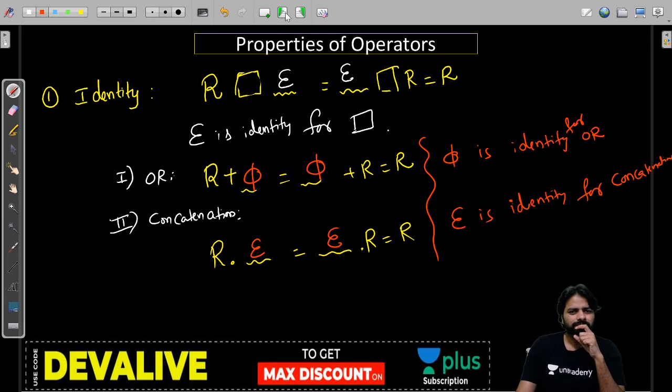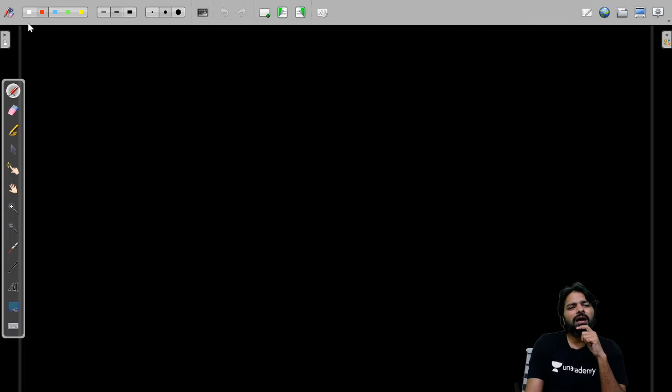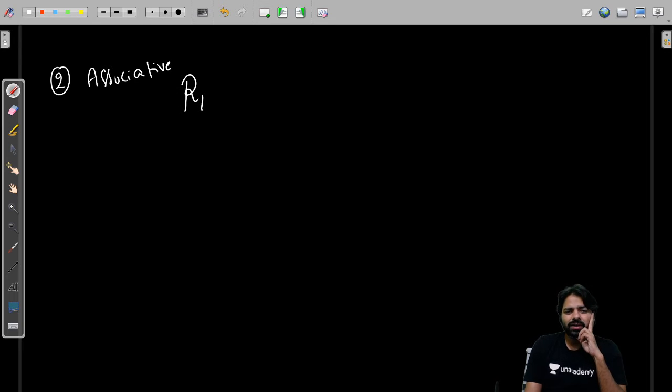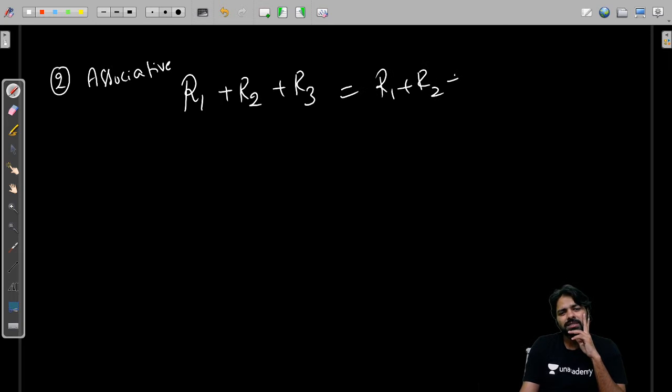Now, similarly, you have so many other properties, like associative. For plus, you have R1 plus (R2 plus R3). Is it equal to (R1 plus R2) plus R3? If this is equal, then we say it satisfies associative. Can I say plus satisfies associative?